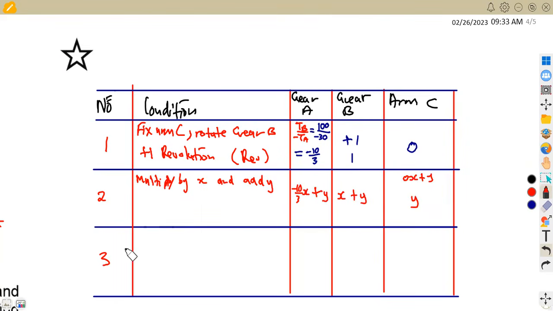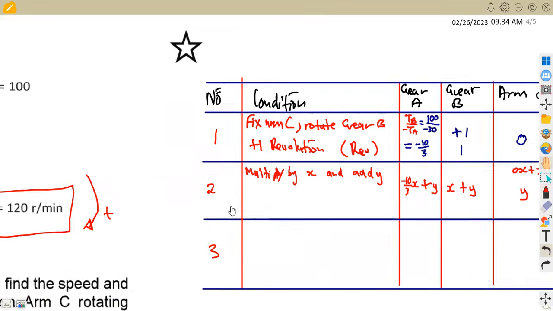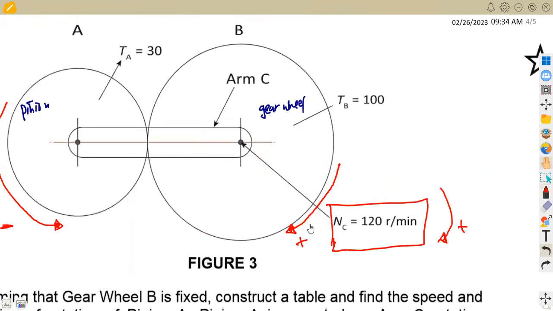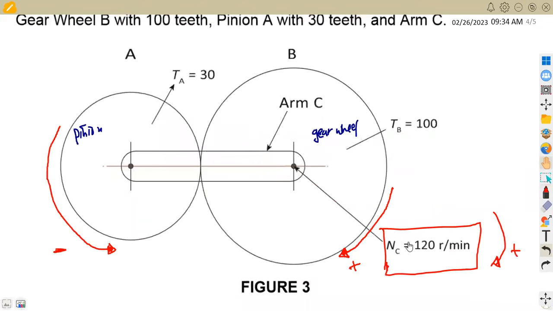The third part is where we are going to have a condition, referring to the revolutions per minute that we are given. According to the revolutions that we have, C is at 120 revs per minute in the clockwise direction, which means it's a plus.